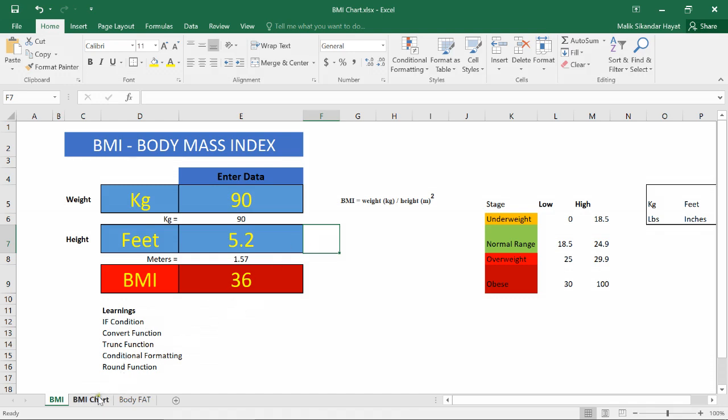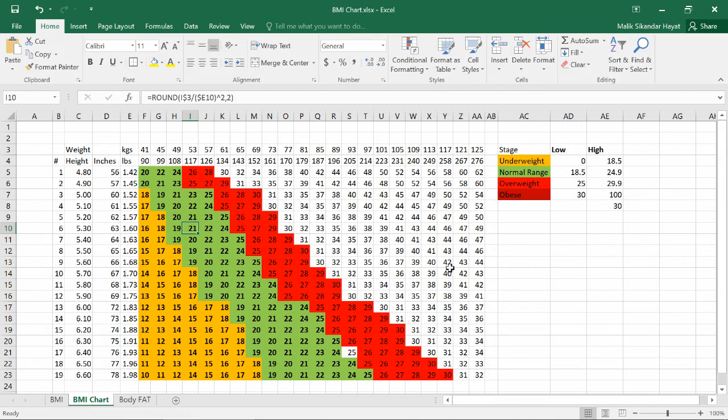Okay, this is BMI. So what I did, I created one chart for BMI. This is normally the international standard for BMI charts, which you can create the way you want. Okay, here again I did this conversion, right? And then on the left side we had height. Again I did that same conversion over here as well. So it is straightforward.